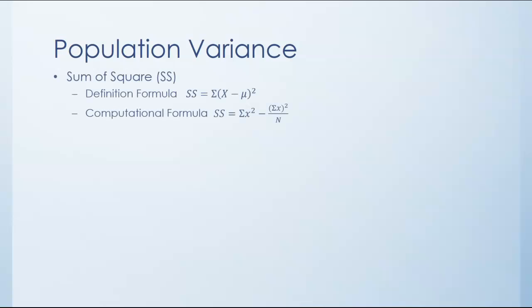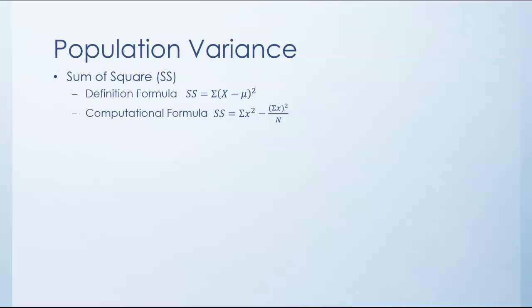So the first thing you're going to find is the sum of squares. This is the sum of all of your x's minus your mean, squared. Now that's the definition. We have a definition and then we have a way that we compute this much easier. The computational formula is we square all of our data points and add them all up.